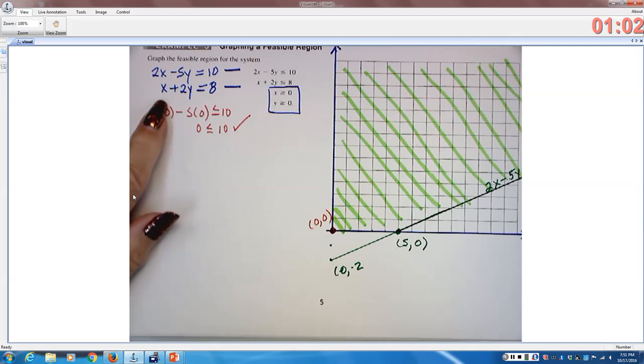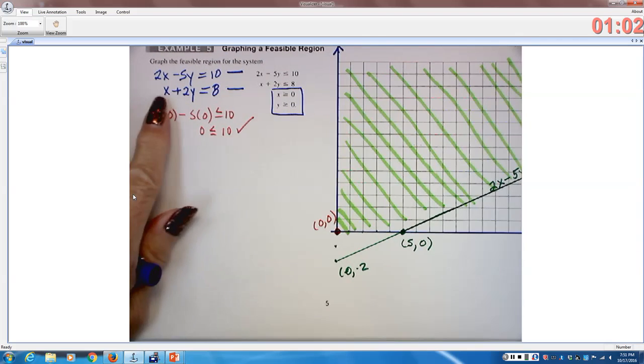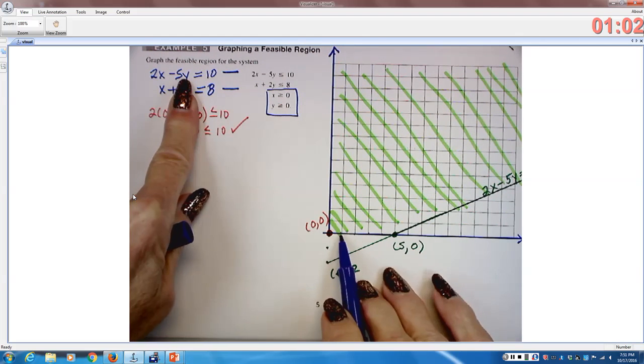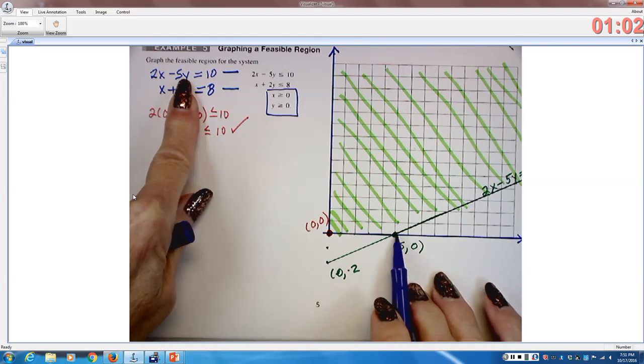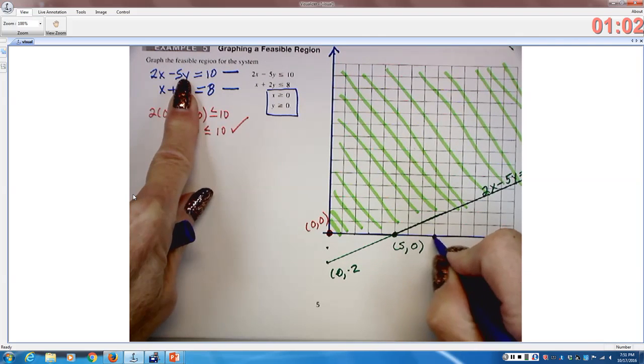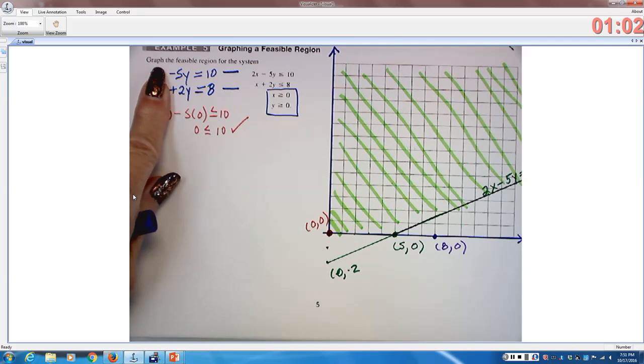And then I'm going to look at x plus 2y equals 8 and try to draw its graph. Let's see, if y is 0, x is equal to 8. And if x is 0, y is equal to 4.